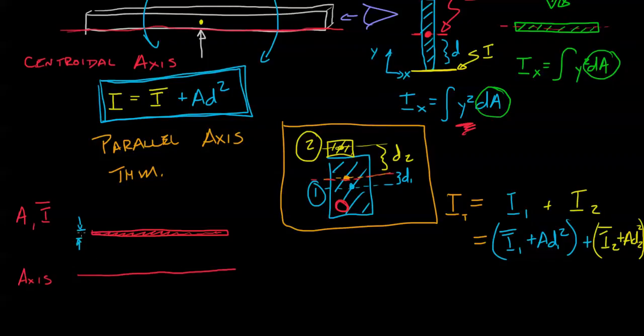Now, if this object right here is so small that its moment of inertia is zero, look up the parallel axis theorem. Well, what's going to happen? I'm sorry. Back here I said that its overall second moment was I bar. That's not what I want.